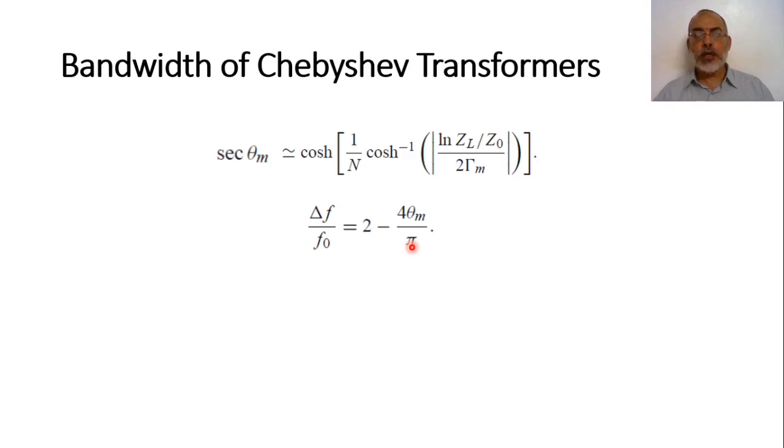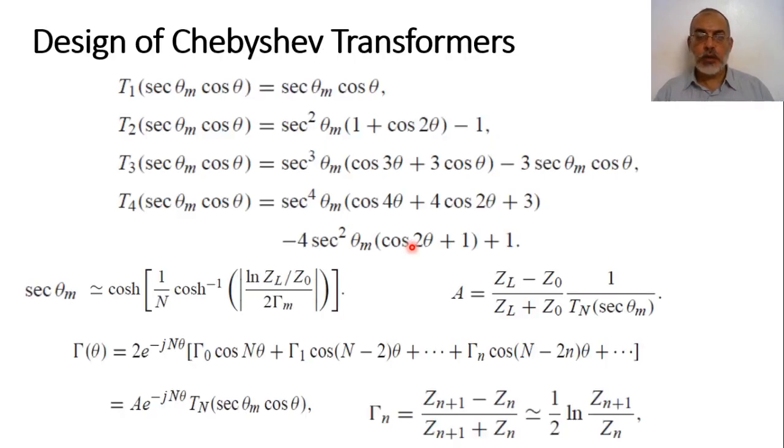The remaining part is what is the magnitude of the reflection coefficients of the corresponding transformer. To do this, we are going to equate the reflection coefficient of the multi-section transformer, which can be presented as a series of cosine n theta, cosine n minus 2 theta, and so on, by the corresponding terms of the Chebyshev polynomial.